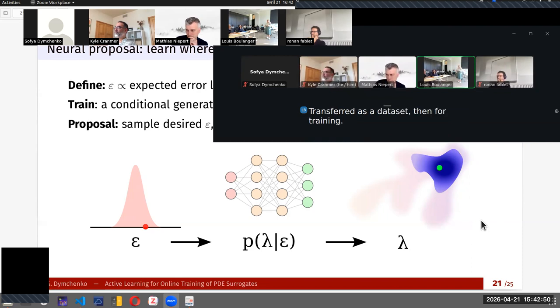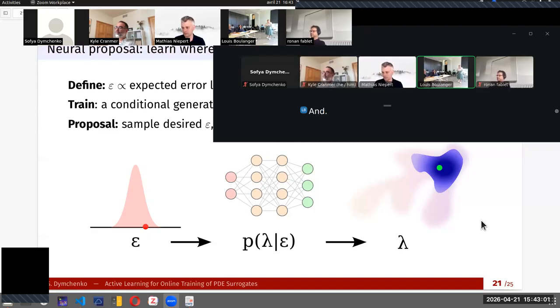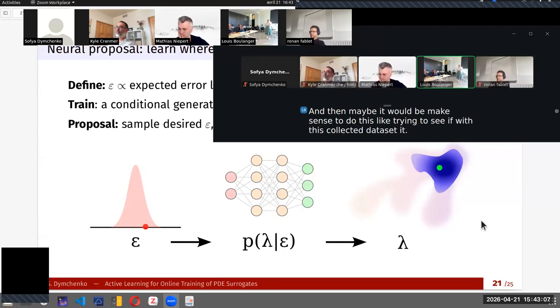So instead of creating training data sets like CIFAR, these kind of benchmark data sets, maybe it's possible to apply active learning for this. And then it would make sense to see if it works with this collected data set. I just didn't have time to try this, but I think it can be interesting. I'm also curious if, instead of training an actual surrogate, a smaller model could give you an idea of what hard samples are, some kind of initial guide, at least instead of a uniform one.